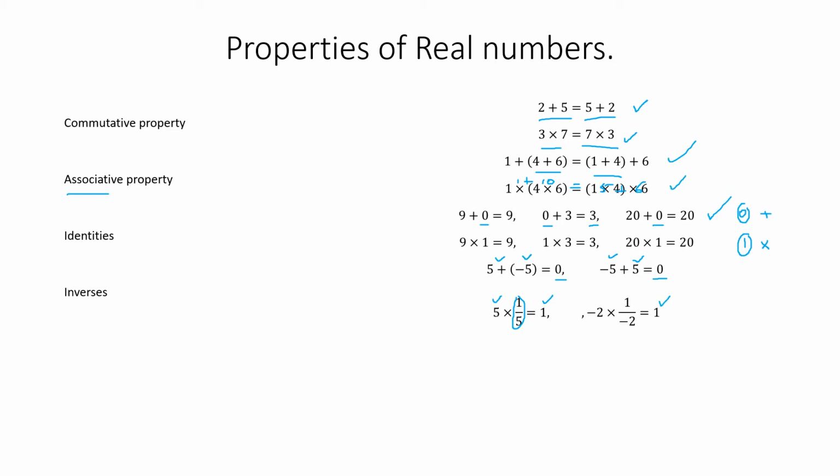So when you get the additive identity, we say this is the additive inverse, and when you get the multiplicative identity, we say multiplicative inverse. Here the result comes 1, which is the multiplicative identity, and here it comes 0, which is the additive identity.